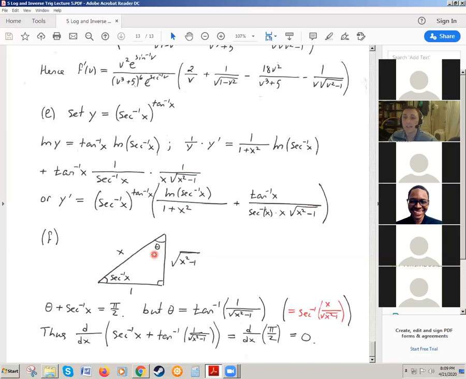What is theta as inverse sine? It is not x.